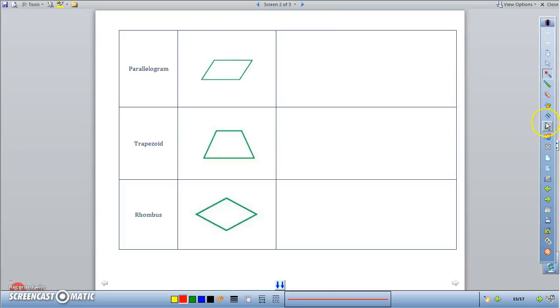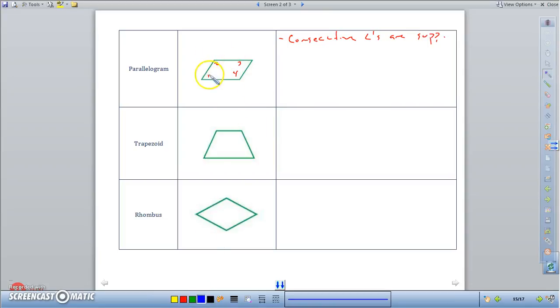Okay, so next we'll talk about consecutive angles. To refer to these, I'll number them 1 through 4. What I want to say about them here is that consecutive angles are supplementary, meaning that they add to give me 180 degrees.